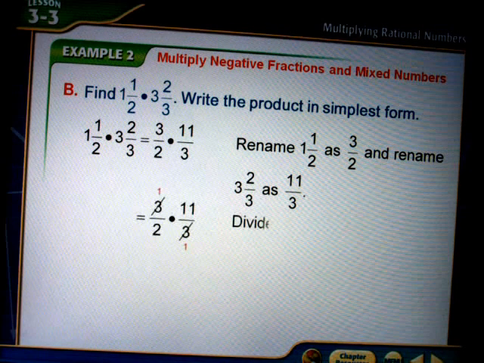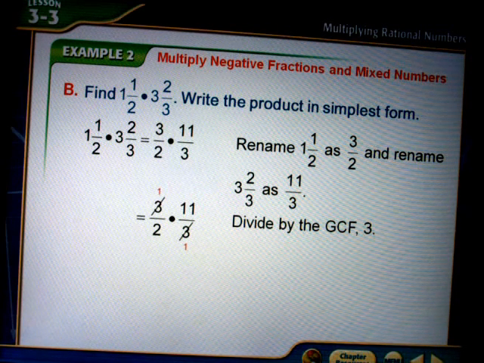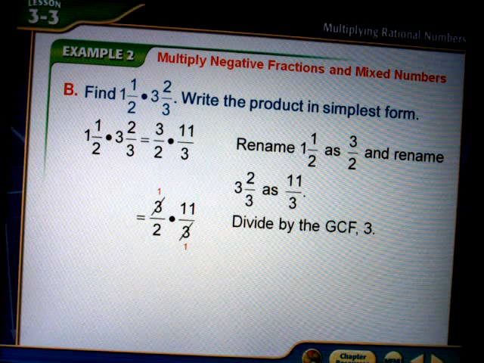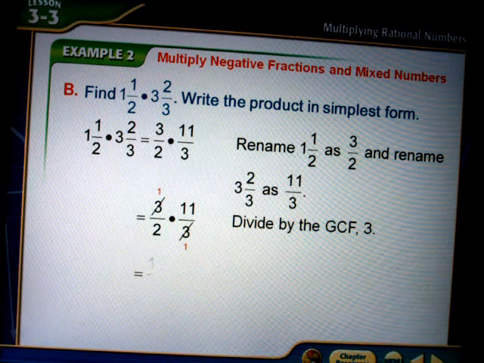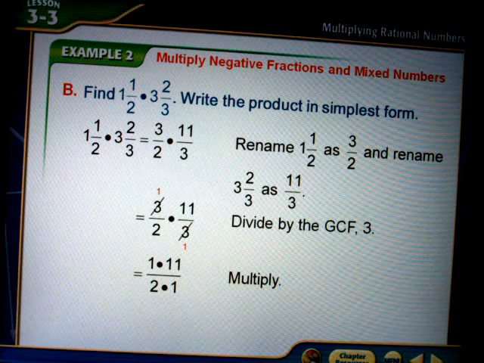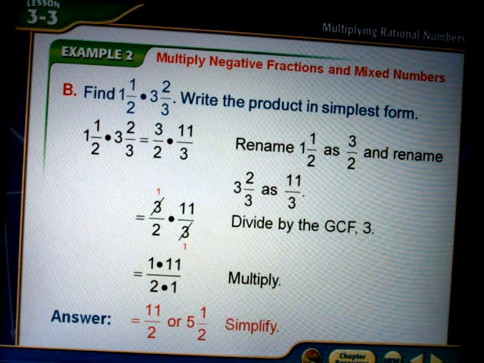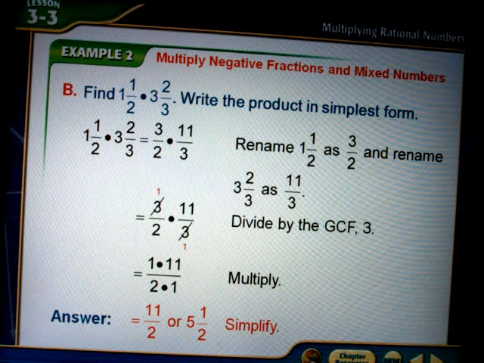And then it is just as if you were multiplying. They're going to simplify before they multiply, which is fine, you can do that. And so now they're left with 11/2, and then they're going to simplify that into 5 1/2.